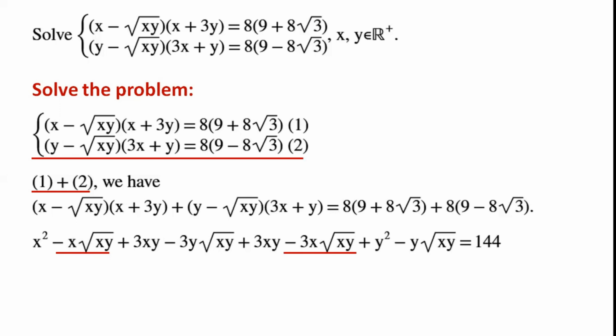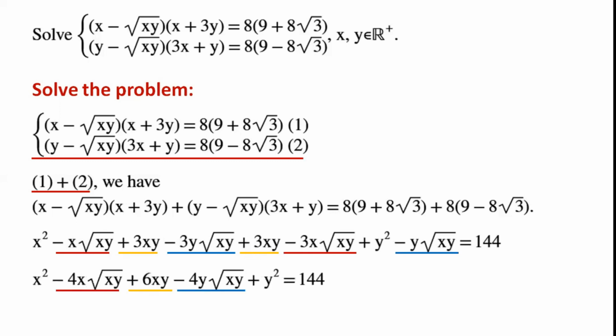Collecting like terms, we have -4x√(xy) by combining -x√(xy) and -3x√(xy).